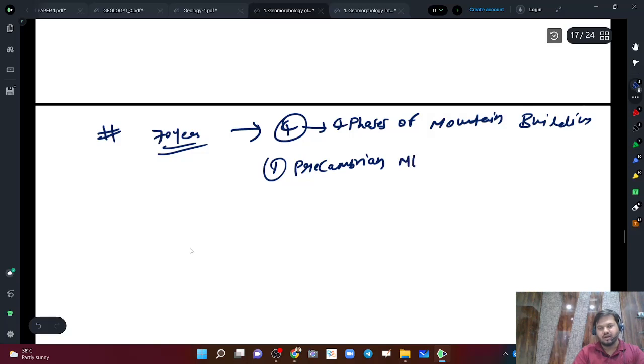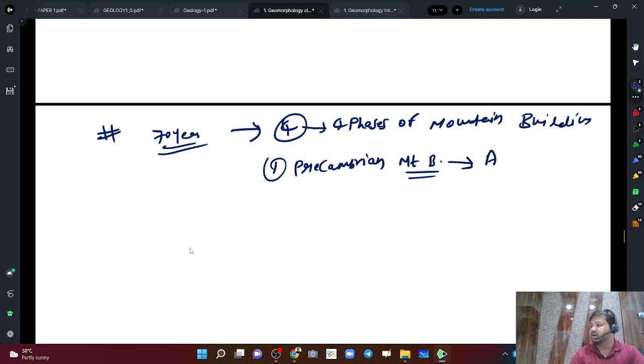Precambrian mountain building. Can anybody tell me some examples of Precambrian mountains? Anybody aware of some mountain whose age is as old as Precambrian? Do you know which are the oldest mountains of India?